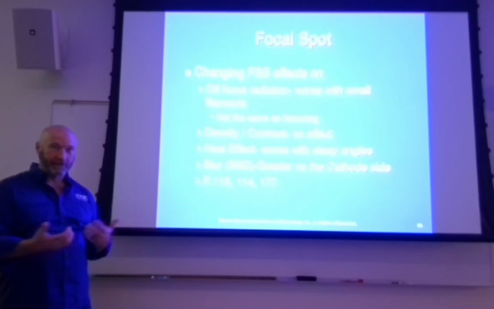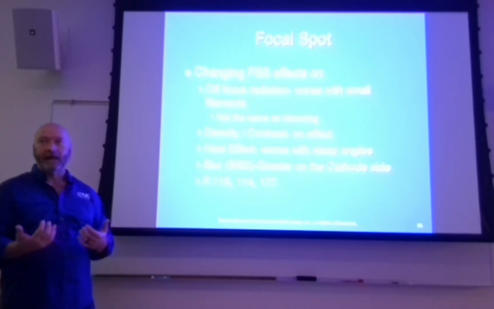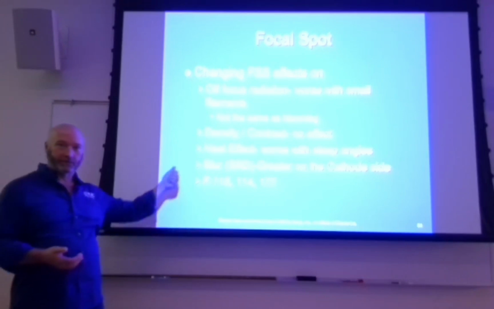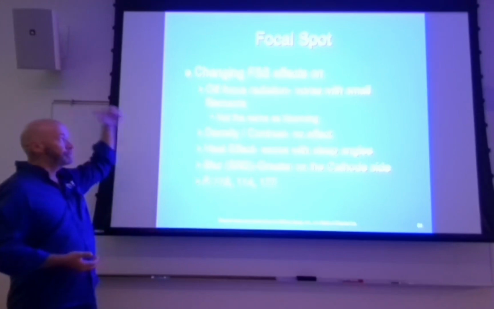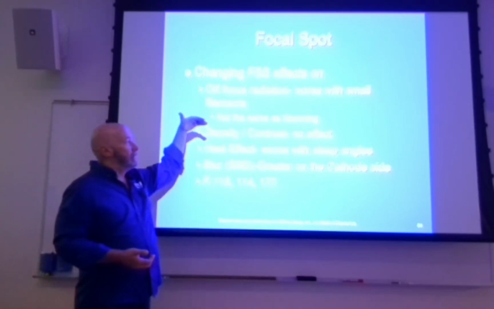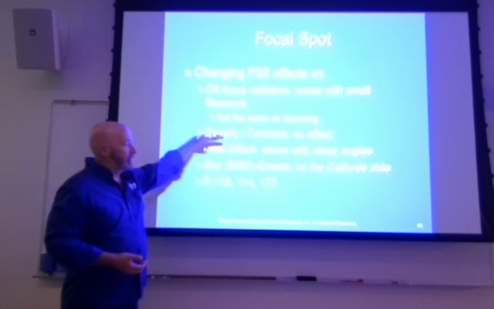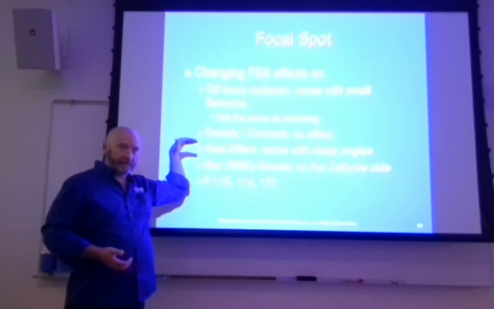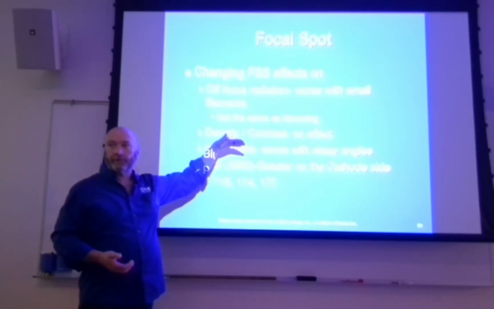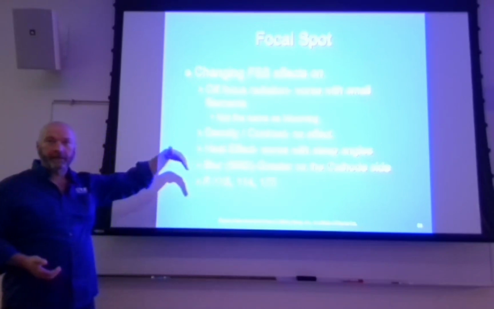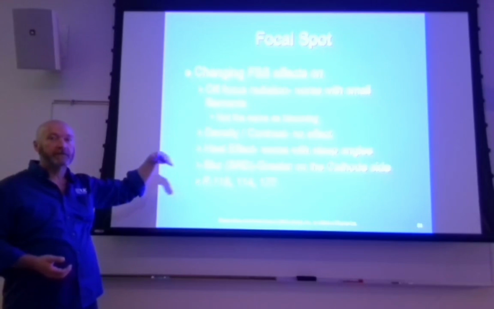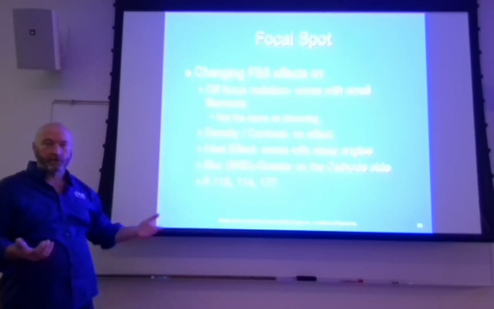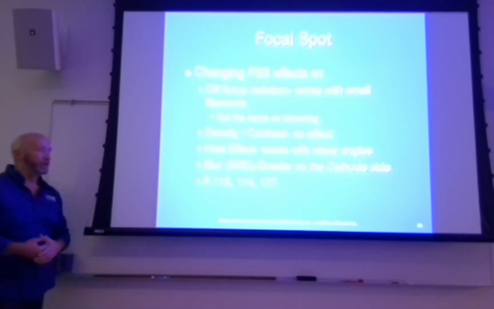Does that make sense? If the machine says no, you can't have that, you can't really compare that to a larger focal spot where you can actually make the exposure. So in that way, you're not going to have any difference in exposure between small and large focal spot, right? 100 mAs is 100 mAs, 50 mAs is 50 mAs, 20 mAs is 20 mAs, regardless of what size focal spot you're going to use.